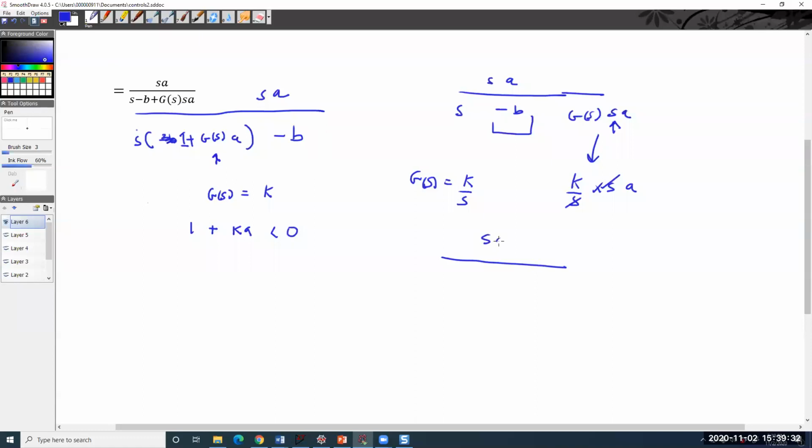I would be left with, and as long as K times whatever A was greater than B, then this would be on the left-hand side. And so, yeah, integrative would work, but it seems that proportional works as well, right?